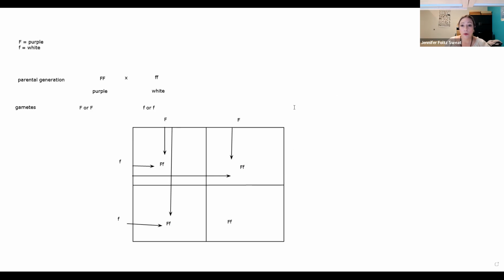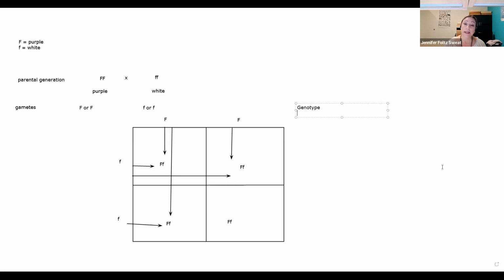So we are going to look at the genotypic probabilities and ratio. So remember that the genotype refers to the alleles or the letters. So if you look at the 4 squares in my Punnett square, look at the different types of genotypes the offspring can possibly have.